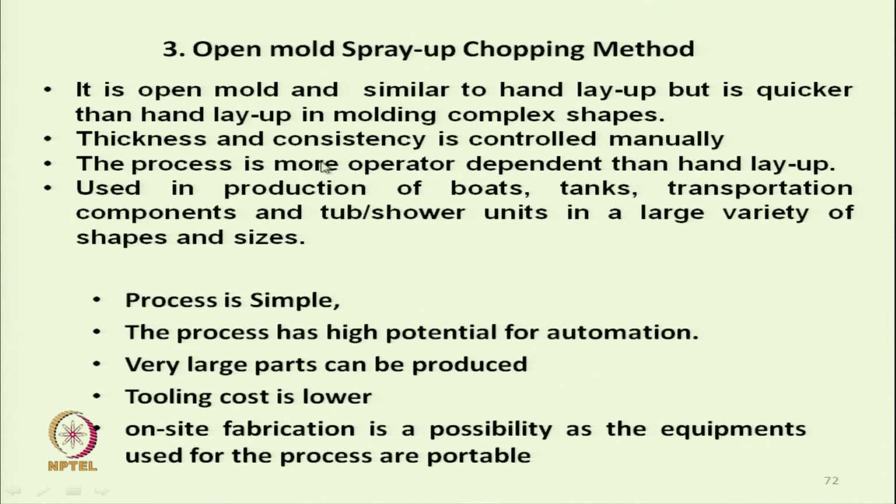Thickness and consistency are controlled manually here. The process is more operator dependent than hand layup, because the operator has to control both chopping and spraying. These are used for production of boats, tanks, and transportation components.